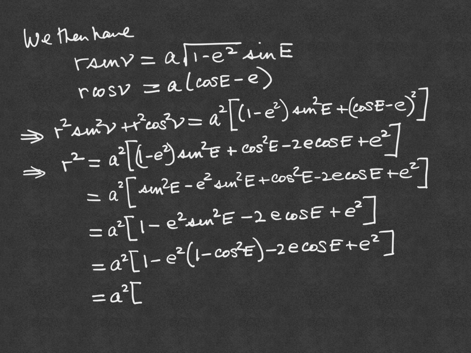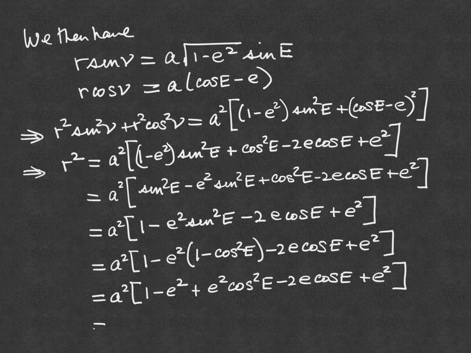And if we look at these expressions, we've got 1 minus e squared plus e squared cosine squared e minus 2e cosine of e plus e squared. Now notice that in this last expression, the e squared and the minus e squared cancel out.